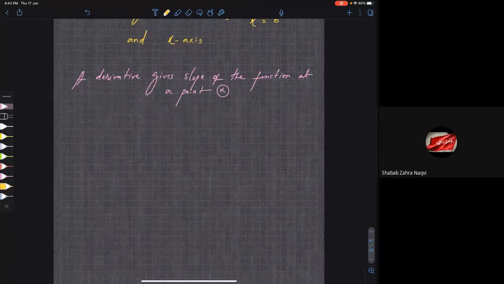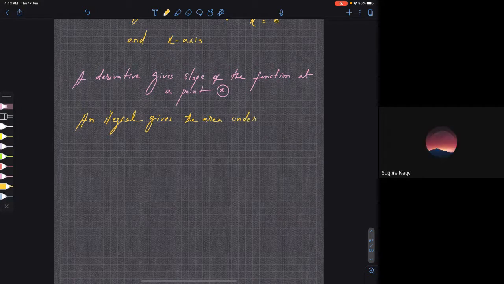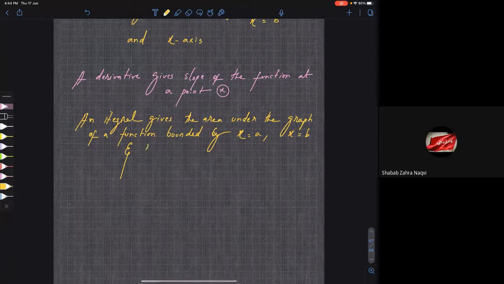An integral gives the area under the graph of a function bounded by x equals a, x equals b, and the x-axis. Are you getting my point?